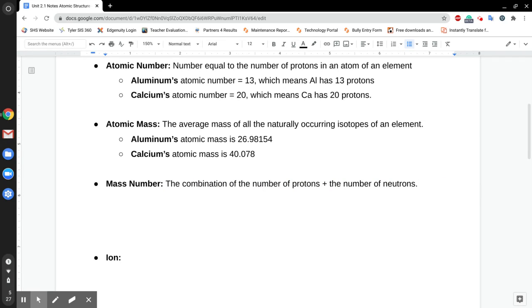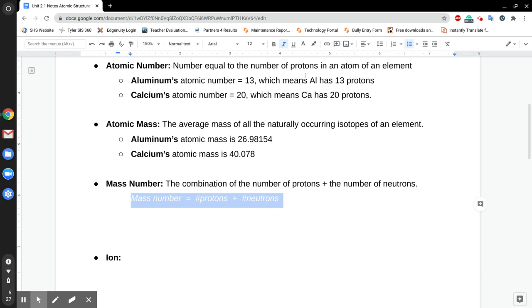But the mass number, which a lot of times is not provided on a periodic table, unless it's an interactive online one, which I'll show you at the end of the video, is the combination of the number of protons plus the number of neutrons. Okay, so again, it's the number of protons plus the number of neutrons. And that's a pretty big distinction.